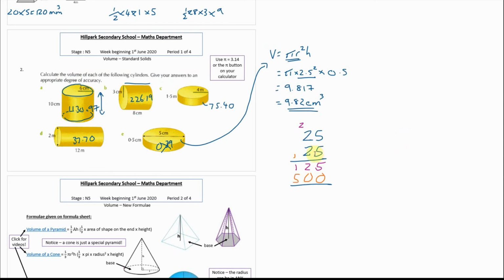What I'm saying there is 5 times 25 is 125, and 20 times 25 is 500. Does 20 times 25 give you 500? Well, 20 times 25 is the same as 2 times 10 times 25, and 10 times 25 is 250, and 2 250s are 500.